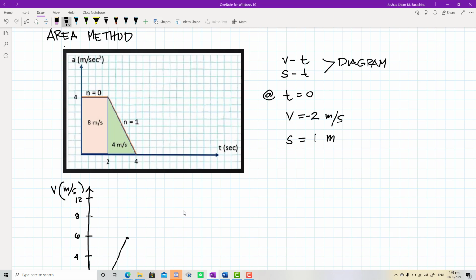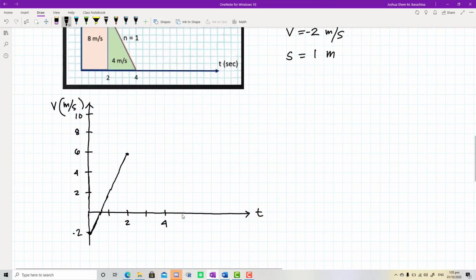Increase by 4. But the 12, it should be 10. 10 meters per second. So after 2 seconds again, the ending will be here. 4 seconds, 10 meter per second velocity.